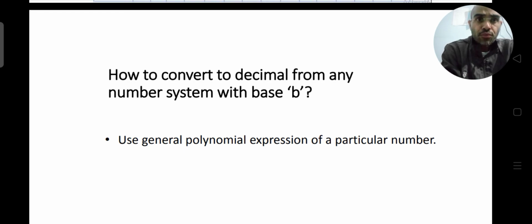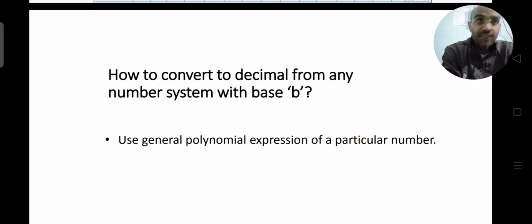So first we are going to see how to convert a number given in decimal number system to a number system with any base b of our choice. It can be binary, that is 2. It can be octal, that is 8. It can be hexadecimal, that is 16. Or it can be any other base of our choice.